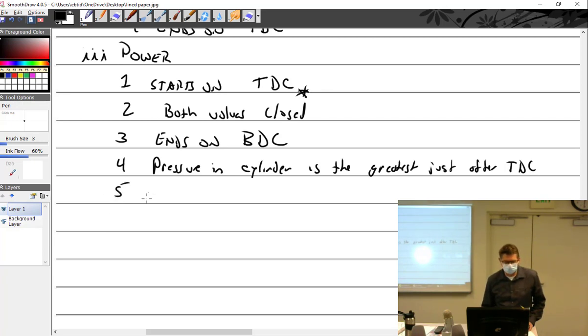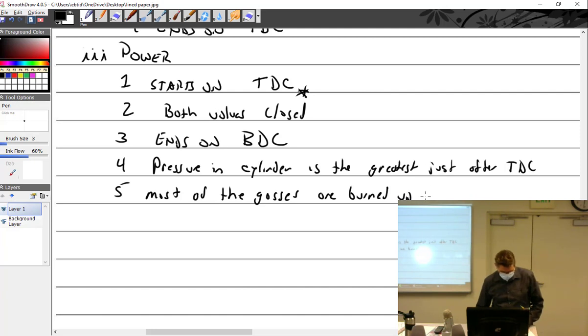Most of the gases are burned up just after top dead center, at about 14 degrees.